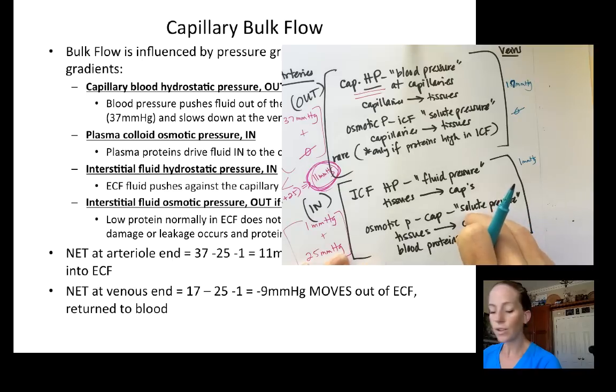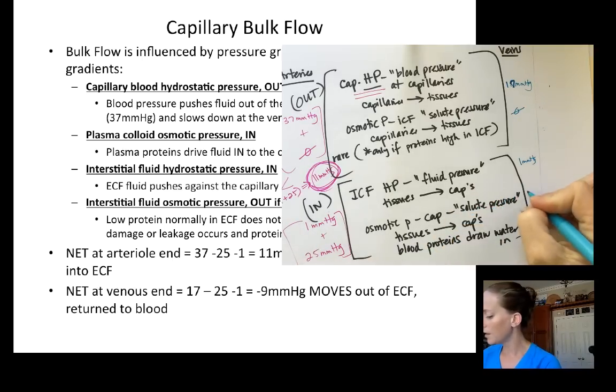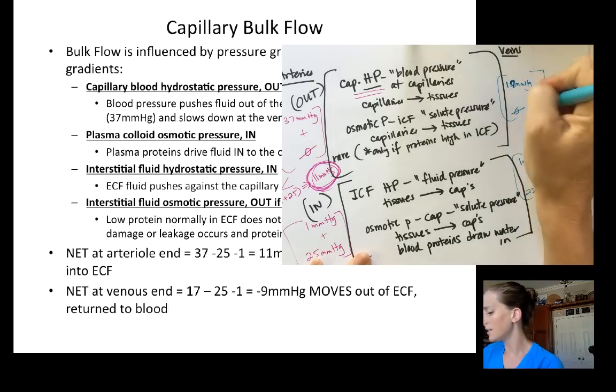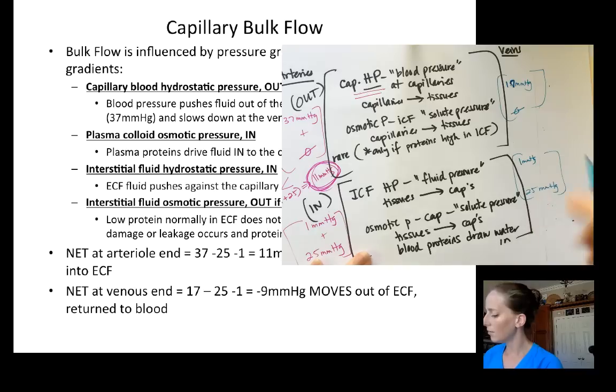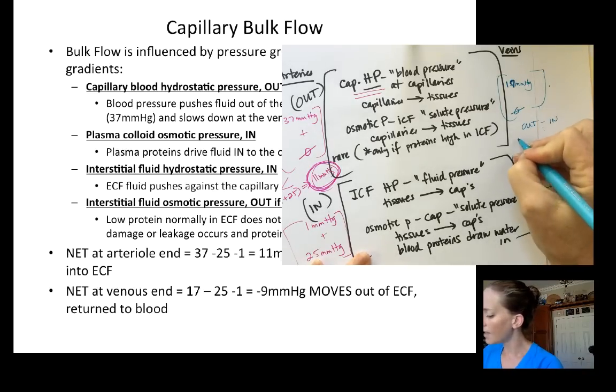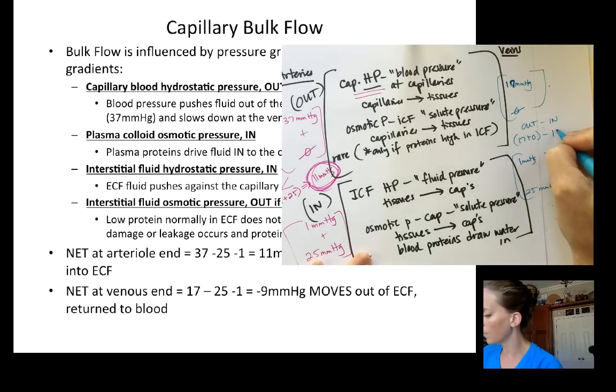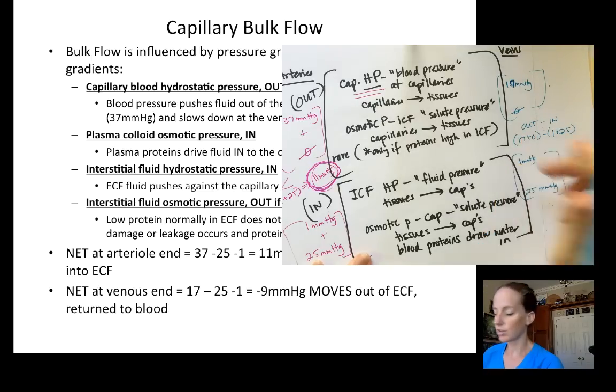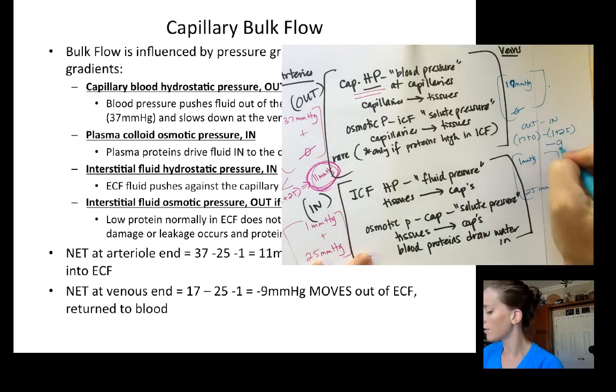And then the solute pressure also is not going to change much because the proteins stay the same. So that again is going to be 25 millimeters of mercury. So if we want to know what the driving force is at the venous end, we take our out minus in, and that is going to be 17 plus 0 minus 1 plus 25, and our net pressure here is going to be negative 9.